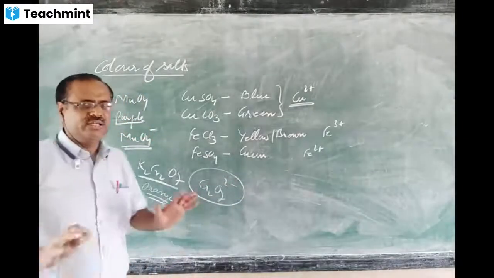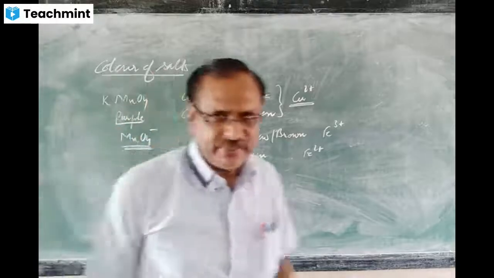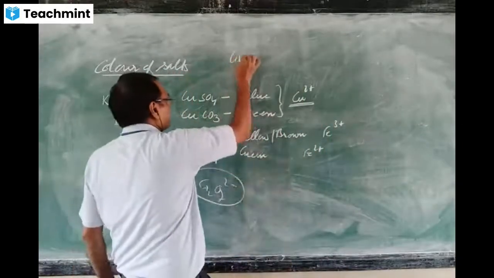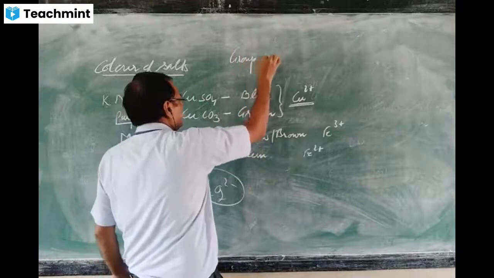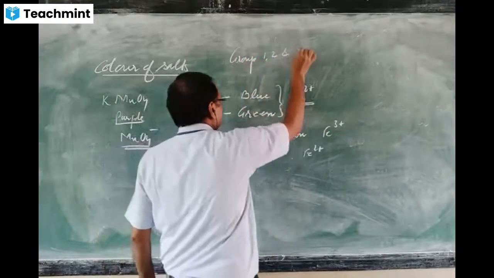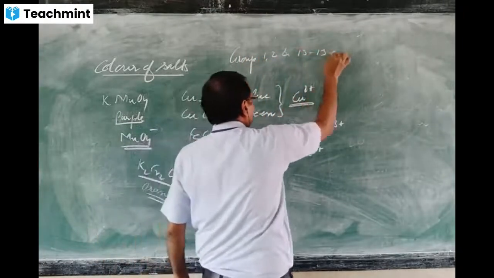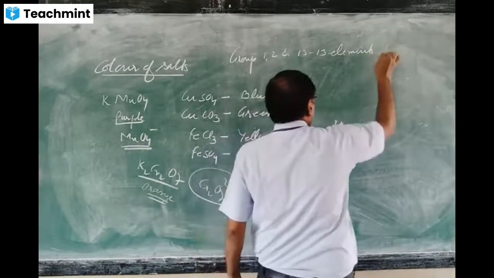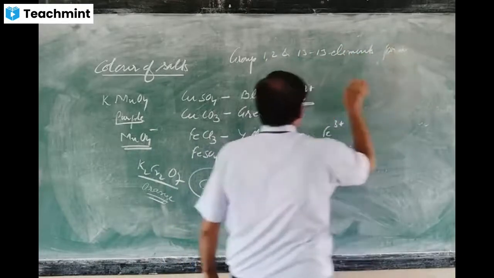So I want to tell you, in the periodic table, the elements from group 1, 2 and 13 to 17 form colorless salt.